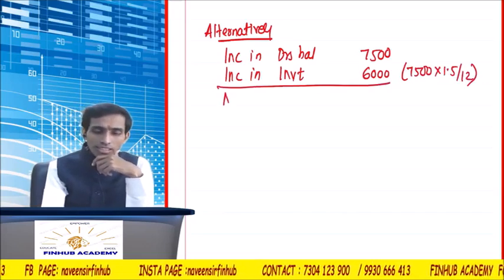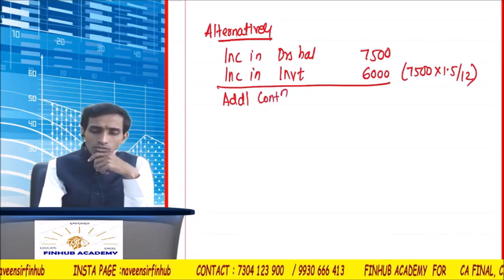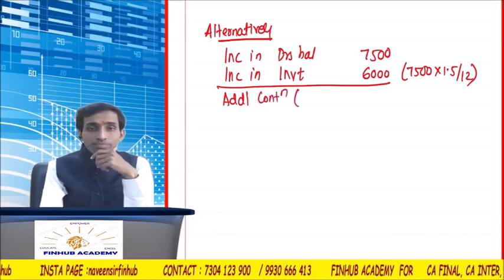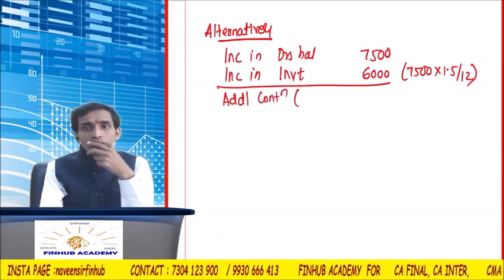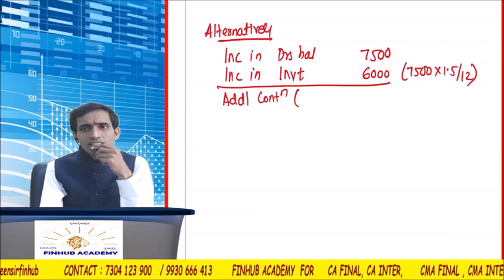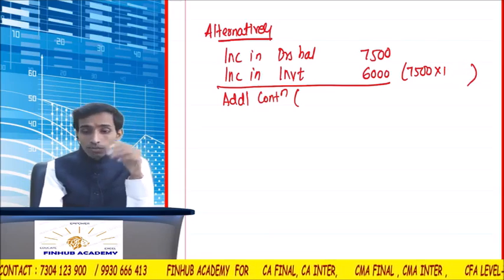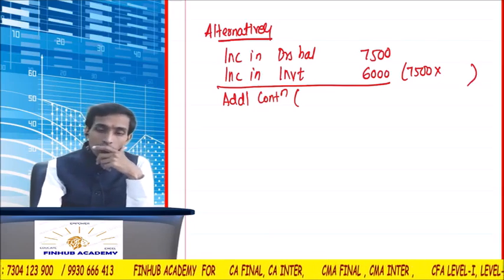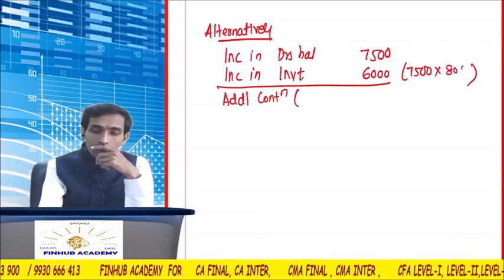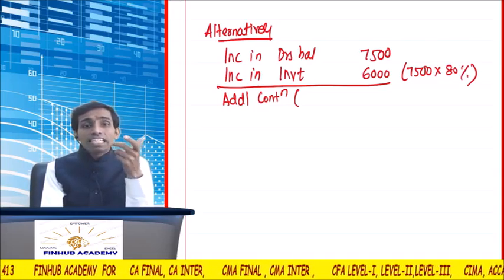So I used to calculate additional contribution. Additional contribution was how much? Sorry, I wrote the above calculation. This thing: 7,500 into 80%. 80% is how much? 6,000. Additional contribution.